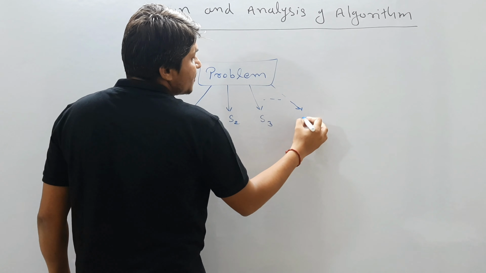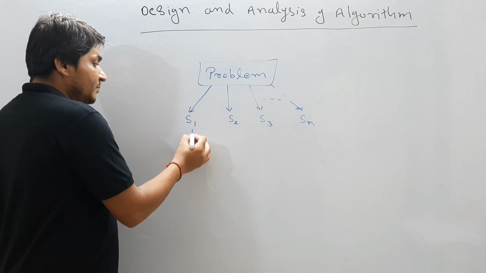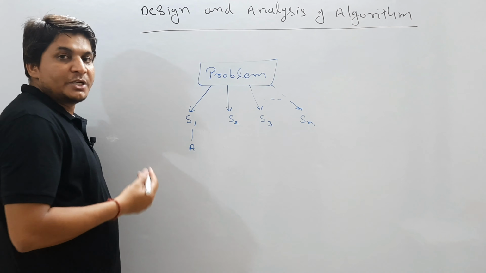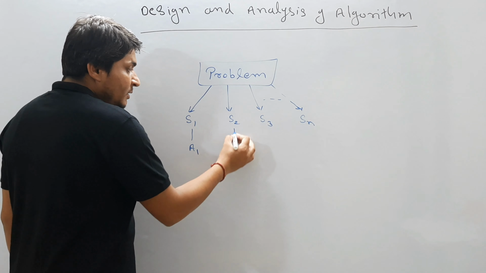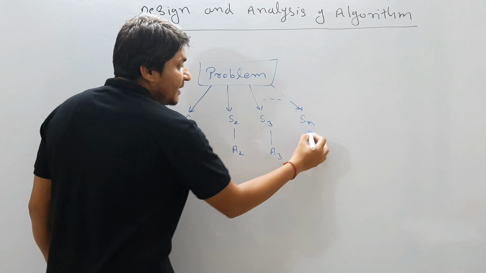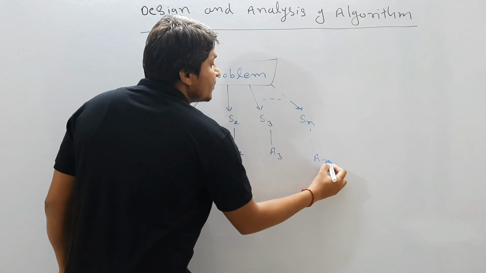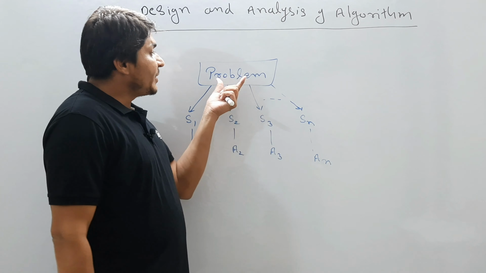So we have a number of solutions for a problem. Let me call these solutions algorithms. So this is algorithm number 1, this is algorithm number 2, this is algorithm number 3, and so on, up to algorithm number n. So we have n algorithms for one particular problem.